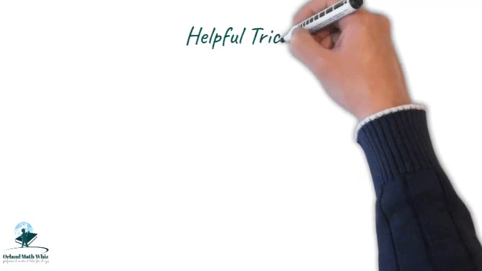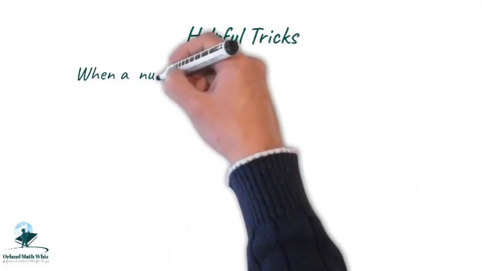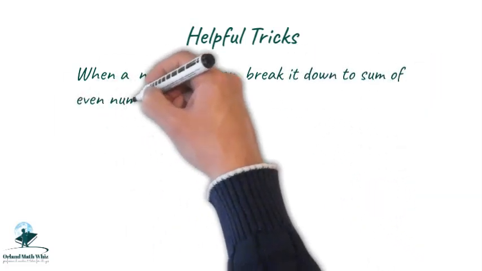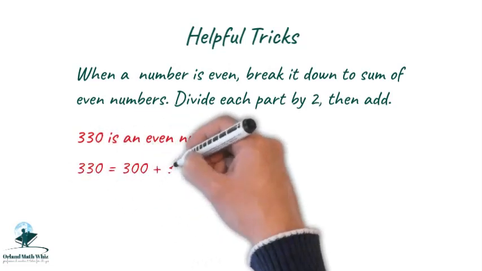Let's pause so I can point out some tricks that may help you in this process. First, when a number is even, you want to break it down into the sum of even numbers initially, divide each part by 2, then add. For example, in exercise 1, 330 is an even number. You can break down 330 by listing that 330 is 300 plus 30.